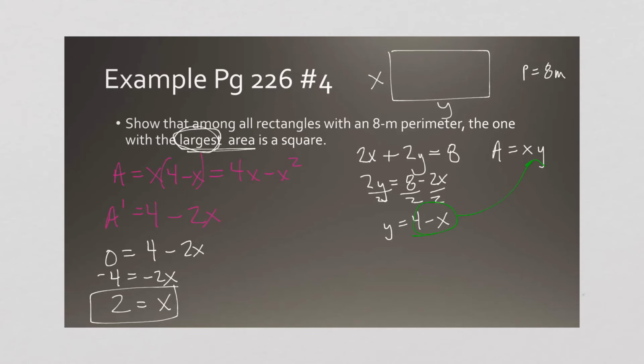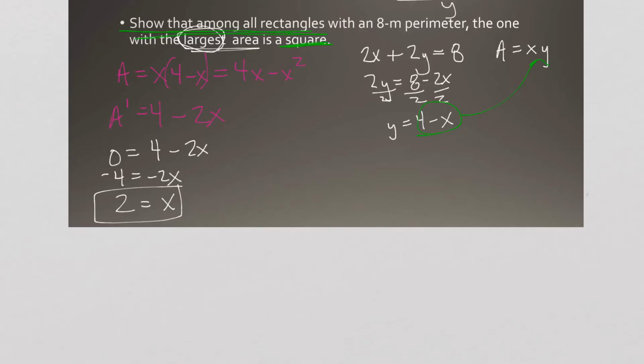So my perimeter equals 8, then my max area is going to happen when x equals 2. So now I've got to find my y. Back here it says show that among all these rectangles, the one with the largest area is a square. Remember, on a square, x and y have to be the same. So that's what I'm trying to prove. So I go back.